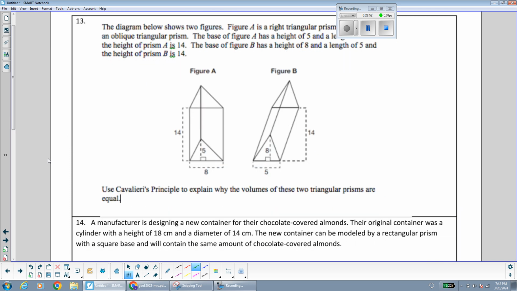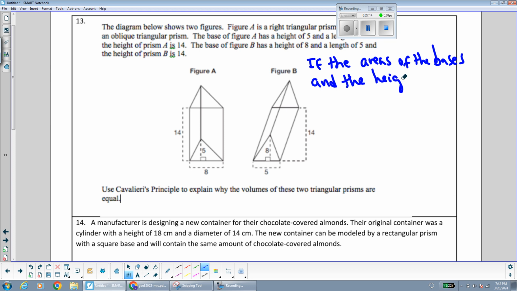For this one over here, we need to use Cavalieri's principle to explain why the volumes are equal. Cavalieri's principle says if the area of the bases and the heights are the same, the volumes will be equal.